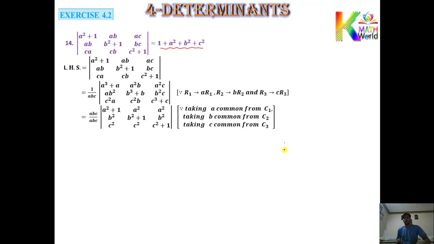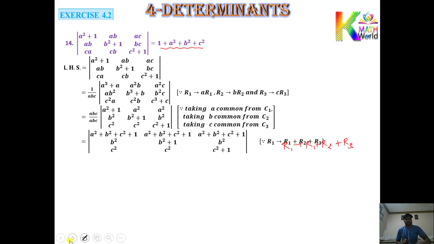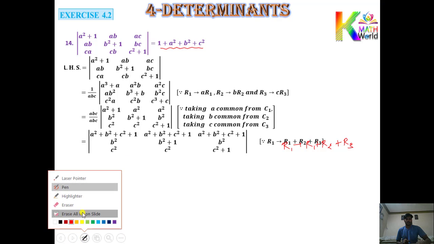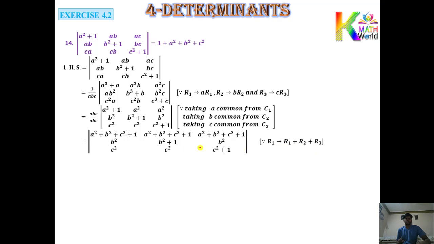It means on R1 you need to perform which operation? R1 plus R2 plus R3. So if you perform this operation, then you are able to set this one. It means R2 and R3 are being added to R1.